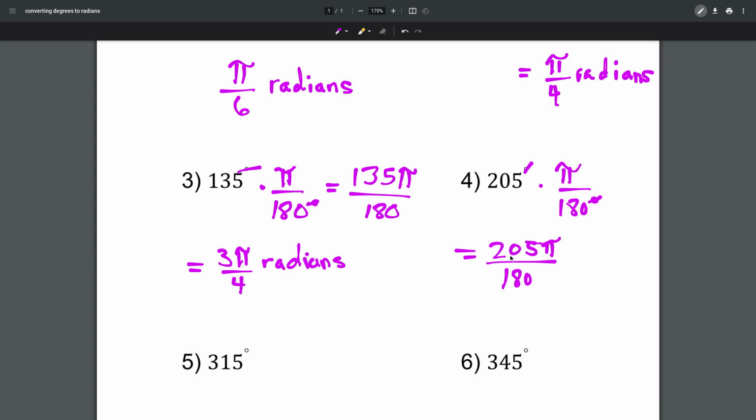So 20 divided by 5 is 4, so we have 41 pi over 180 divided by 5. 5 goes into 18 3 times with a remainder, so it's 36. So 41 pi over 36. 41, yeah, we can't go any further than that. So we're going to leave it as is there.